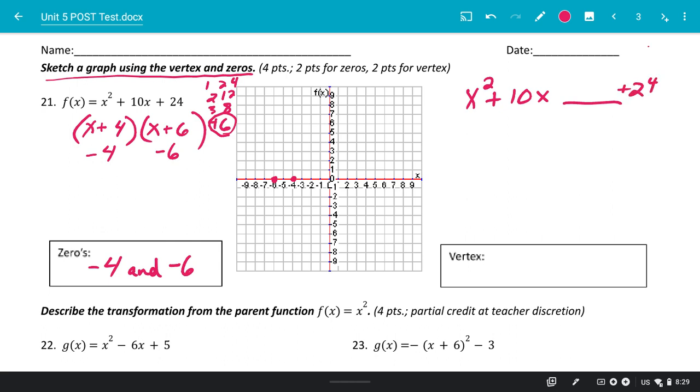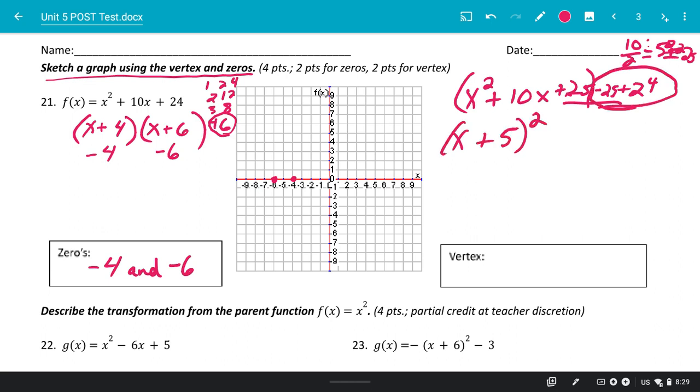10 divided by 2 is 5. 5 squared is 25. So I'm going to add 25 and subtract 25. This is a perfect square trinomial, giving x plus 5 quantity squared.